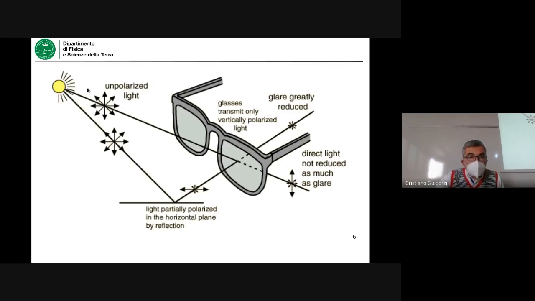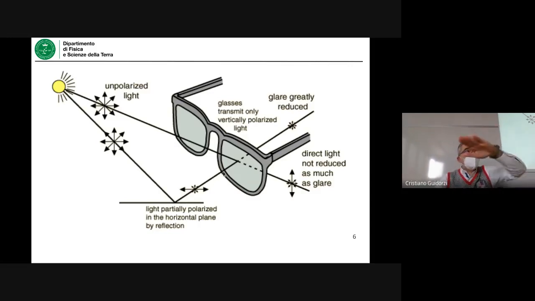So what does this mean? It means that if you use, for example, polarized glasses, they allow through only the light whose electric field is, for example, vertical, in the case of sunglasses. We will see that the reflected light from the ground acquires a degree of polarization. So even if the incoming light is unpolarized, as the light of the sun, the reflected light is polarized.